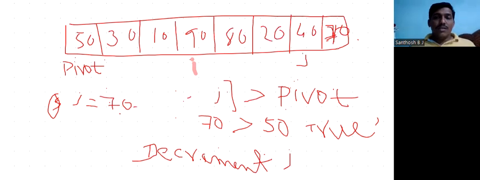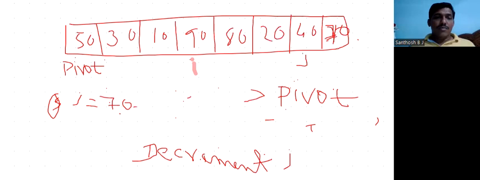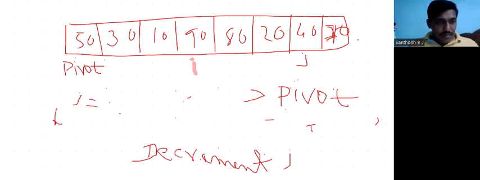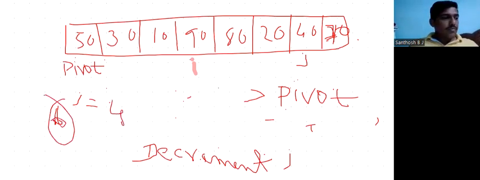Next, once again the same procedure. What is the value of J for the sixth step? For the sixth step, J is 40.